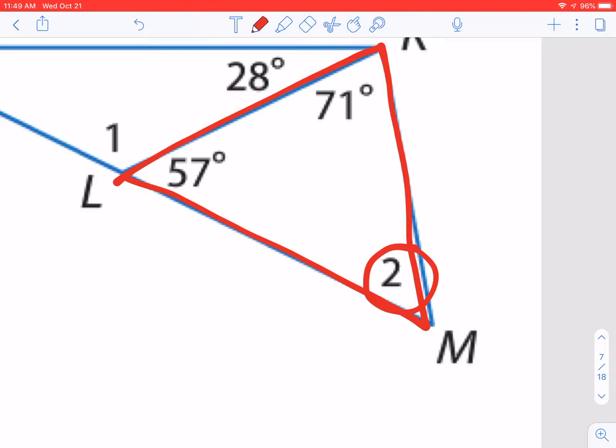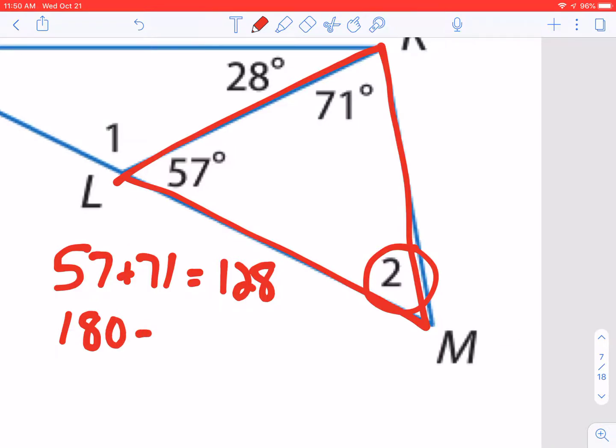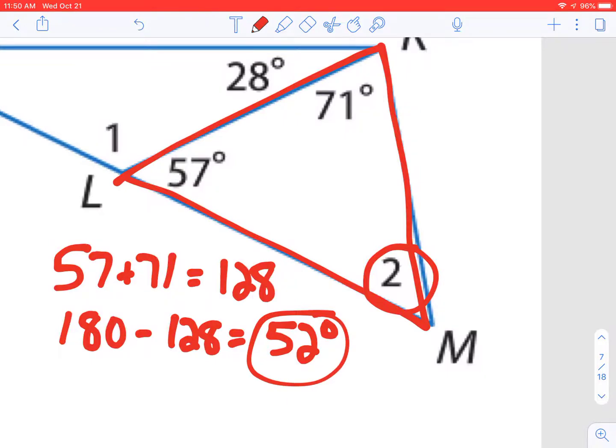So what I could do is 57 plus 71 equals 128. And then to find the missing angle, all I do is 180 minus 128 equals 52. So this would be 52.